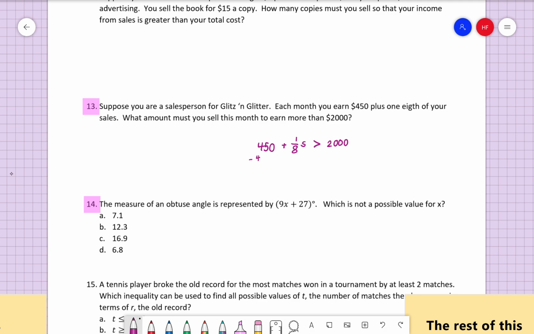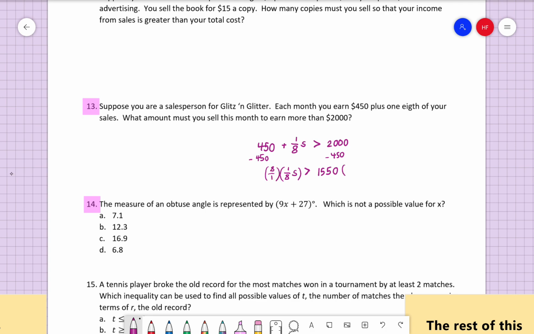So minus 450 minus 450. You get 1/8 of your sales has to be greater than 2,000 minus 450, 1550. In order to get rid of a fraction, we multiply by the reciprocal.